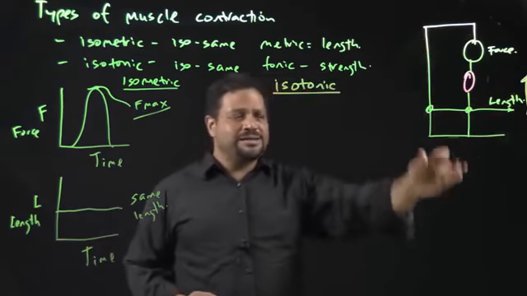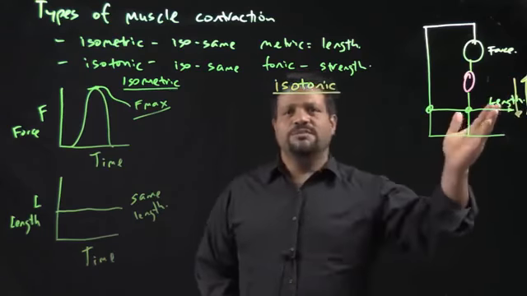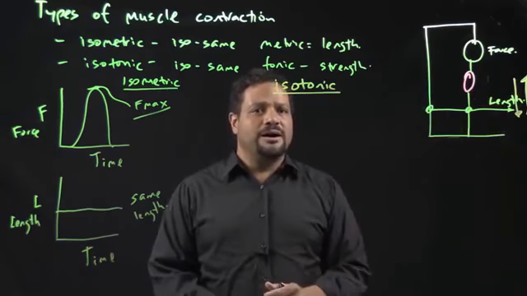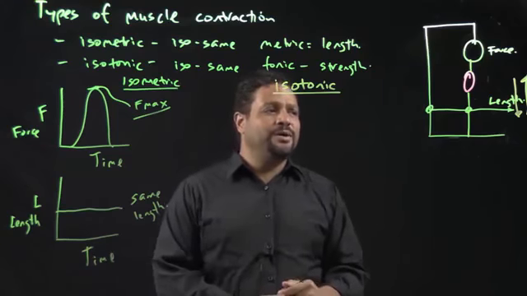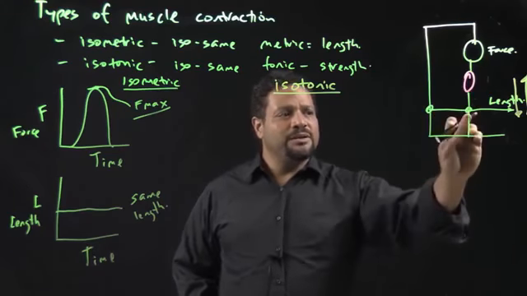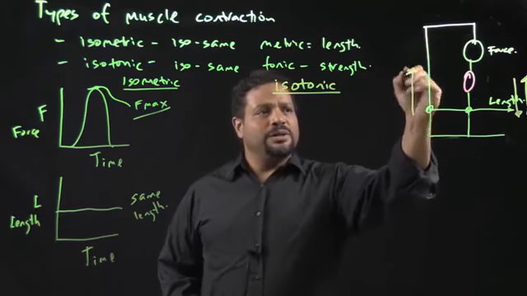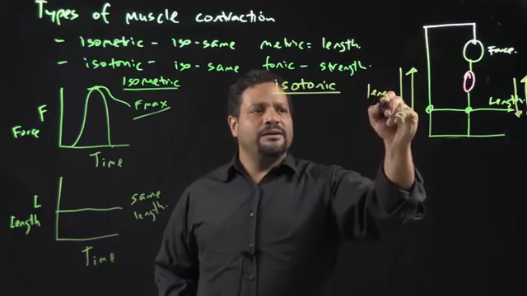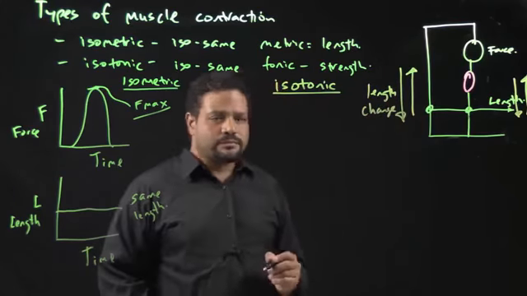As the muscle relaxes, this lever will come back down. So the length will change over time. That lever will go up, and that lever will go down, and the length of the muscle will change.